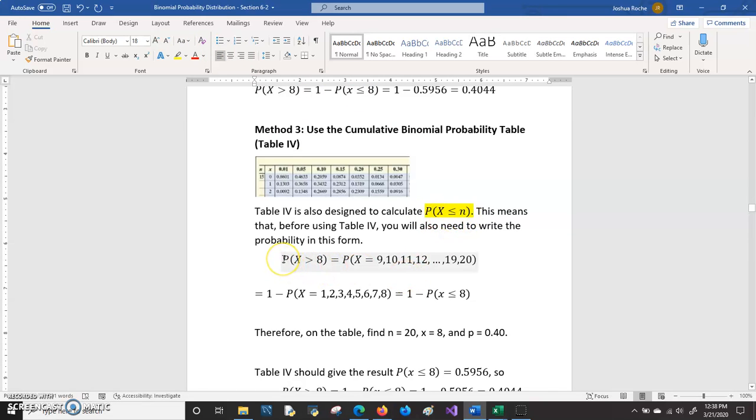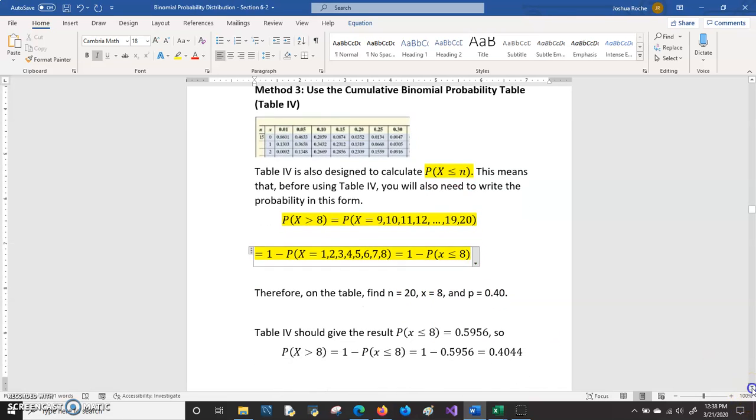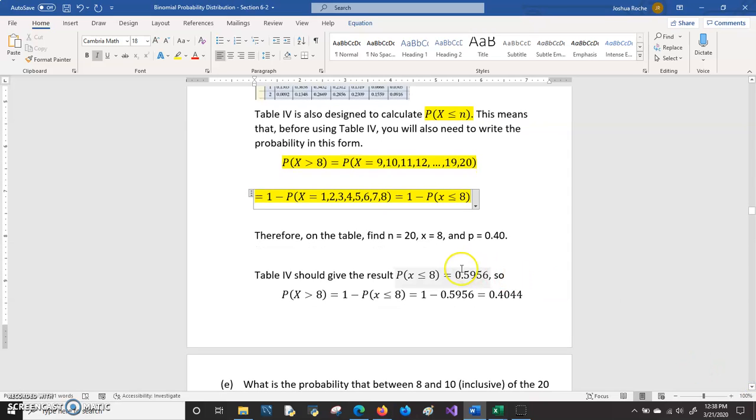And that means that you'll still have to do that same rewriting of the problem, in the same way as we just did, where you have to do 1 minus the complement. And so on the table, you would look up the values to give you this probability, 20, 8, and 0.40. When you look that up, you'll get 0.5956.